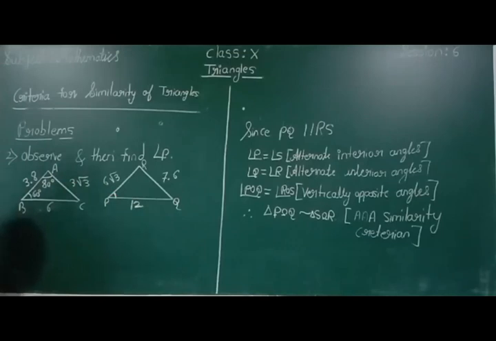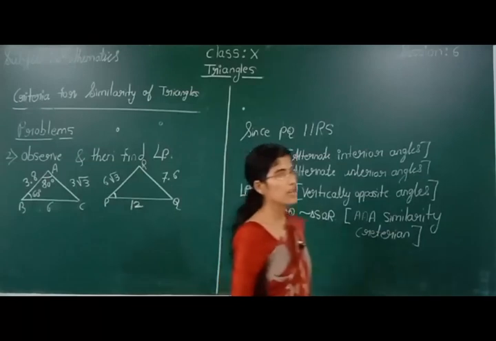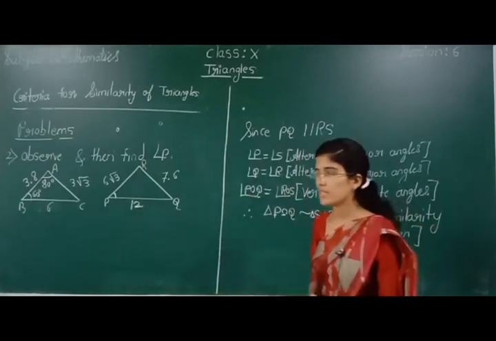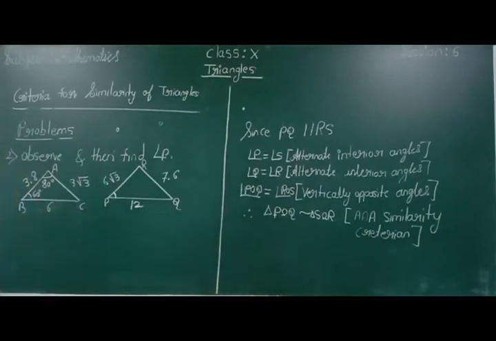Now see here students, to find angle P, if two triangles are similar then their corresponding angles are equal. First we will prove these two triangles are similar. The sides are given to us. We will check whether they are in the same ratio.